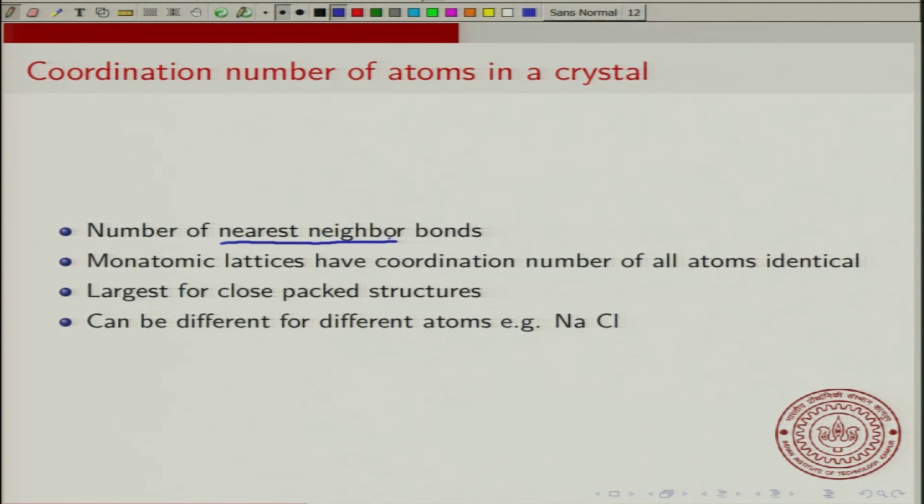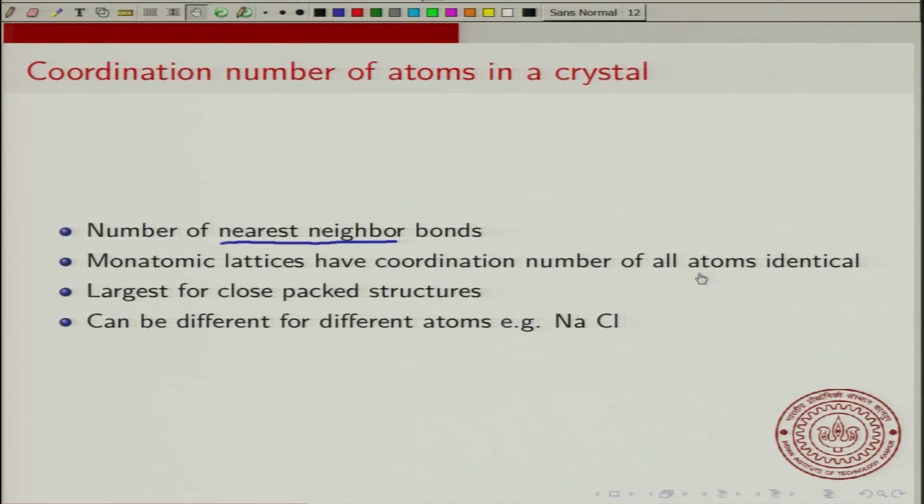Now, if you had a monatomic lattice like an FCC with a single atom basis, then the coordination number of all the atoms will be identical. In monatomic lattices, because each lattice point is identical, each lattice point will have the same coordination number, and if there is an atom at each lattice point, then all the atoms will have the same coordination number.